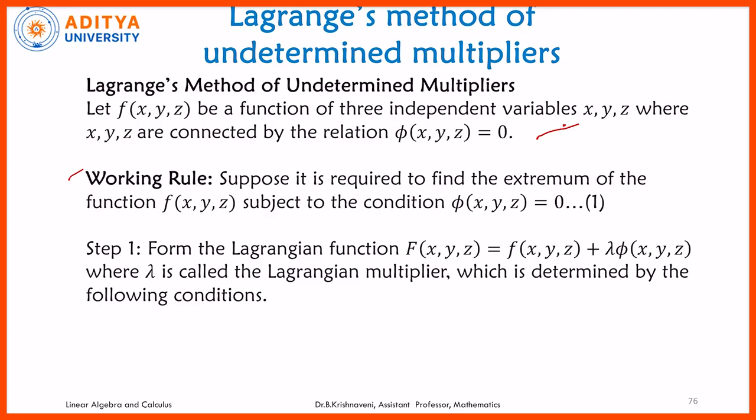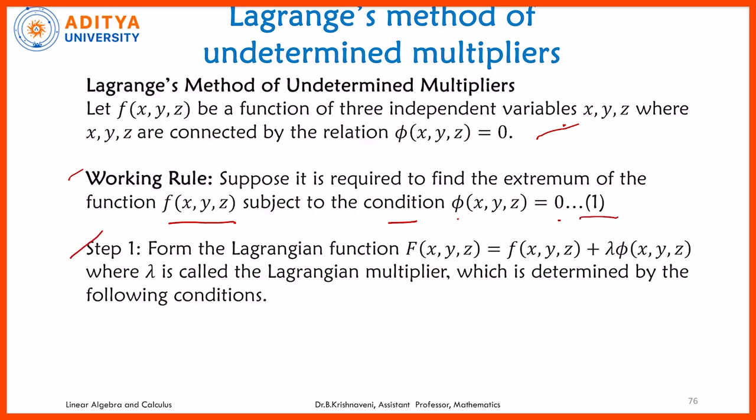Suppose it is required to find the extremum of the function f of xyz subject to the condition phi of xyz is equal to 0, which means we need the maximum or minimum value of the function f of xyz subject to the condition phi of xyz is equal to 0. Let it be 1.